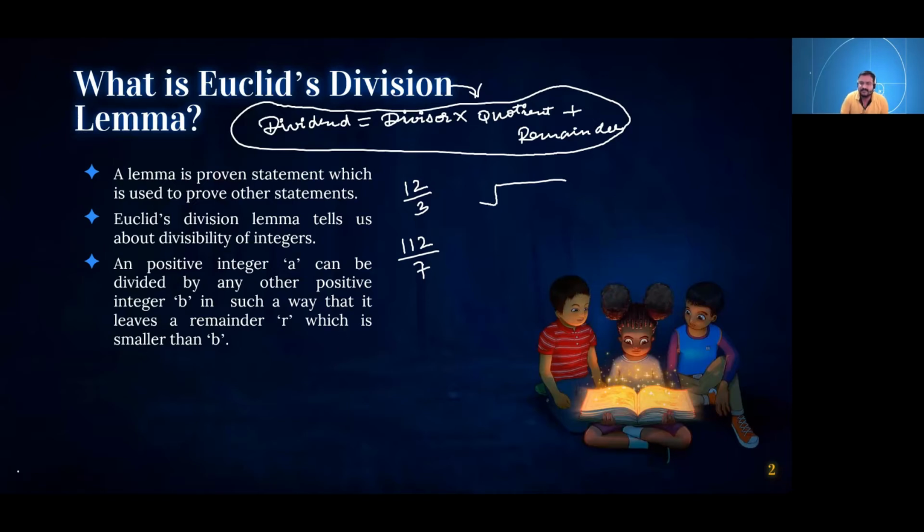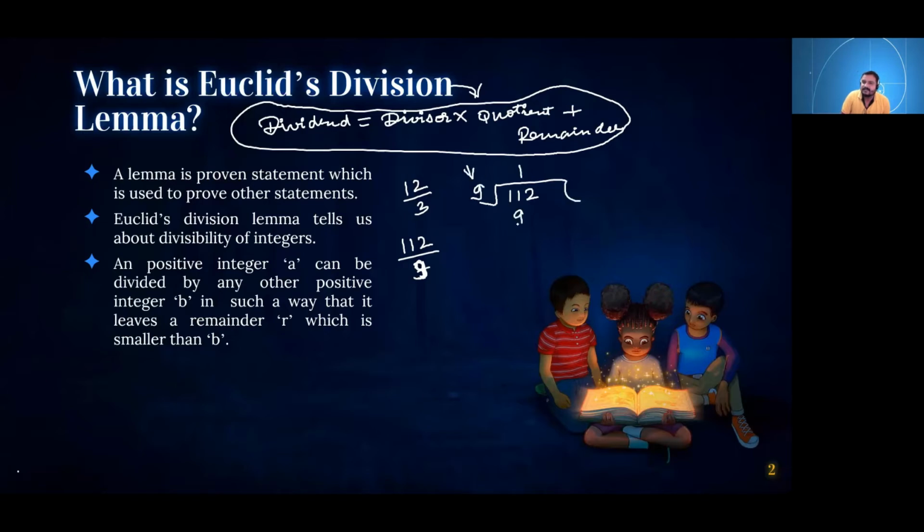I think it is divisible, so we'll take 9. Okay, 112 divided by 9. So how do we do this operation? We write 112 inside the division sign because it is the dividend. 9 is our divisor, so we write it here. Now we perform the division.